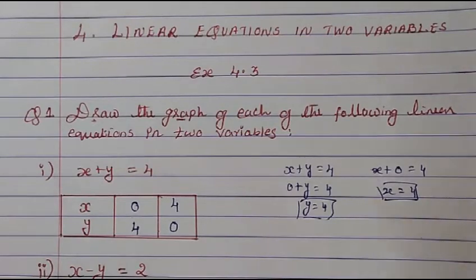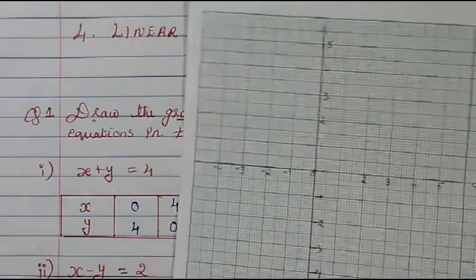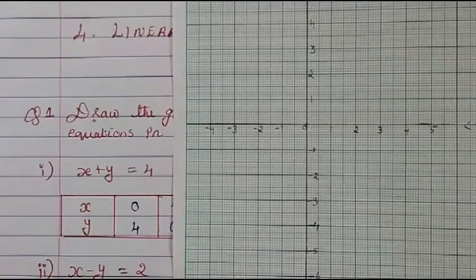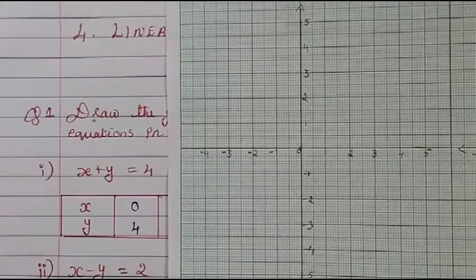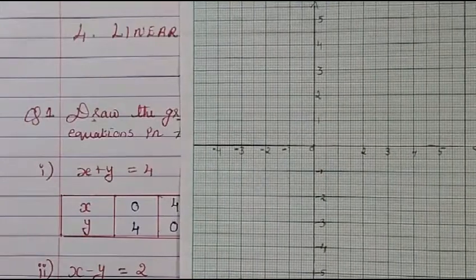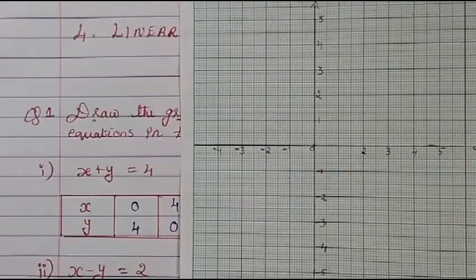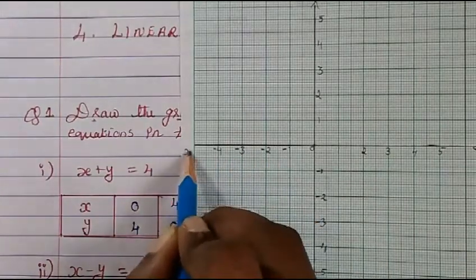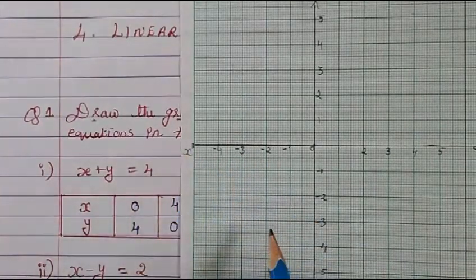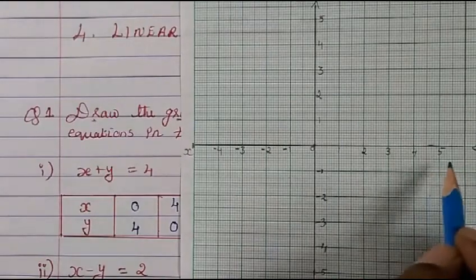As I already explained to you how to plot the graph, we have the x axis and y axis. These are negative, right? So this is your x dash axis and this is the positive side.